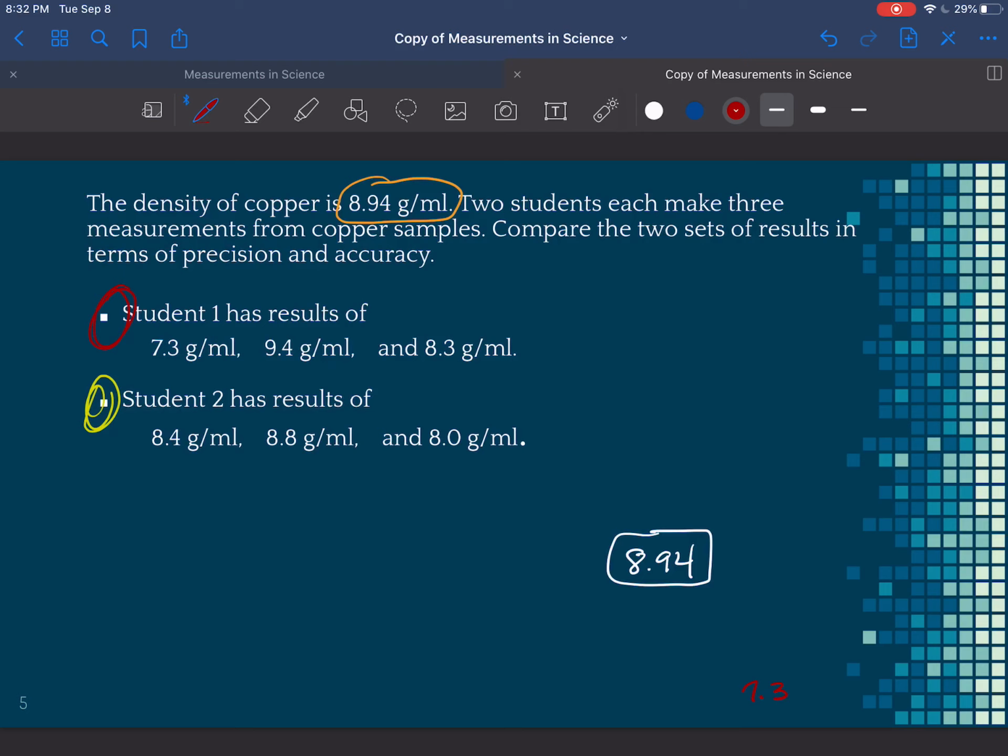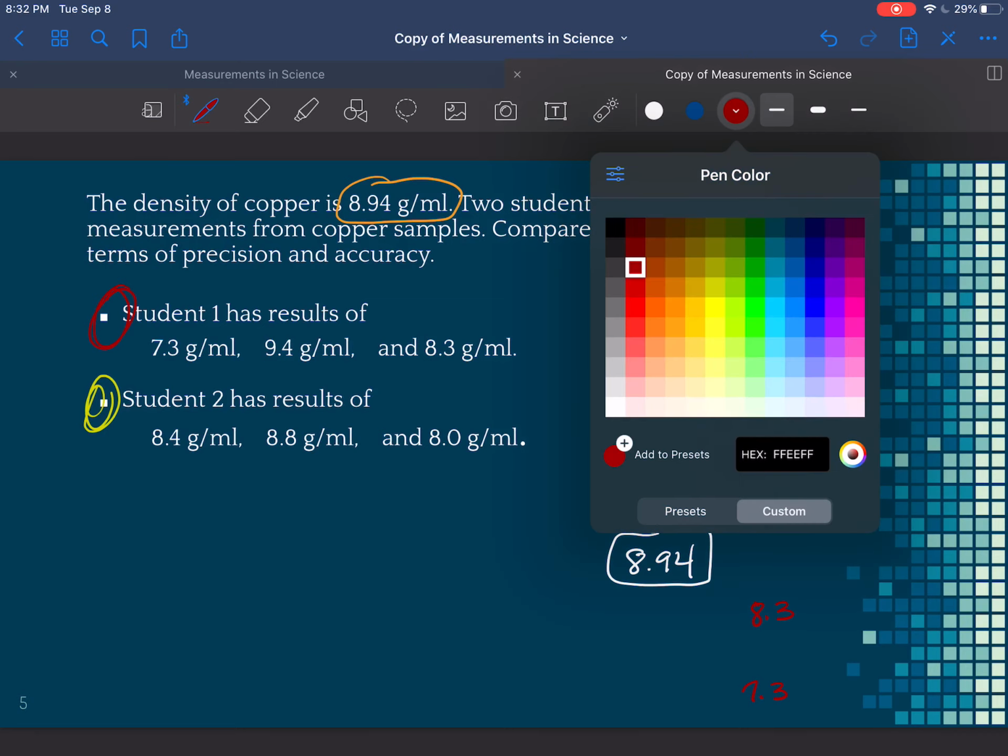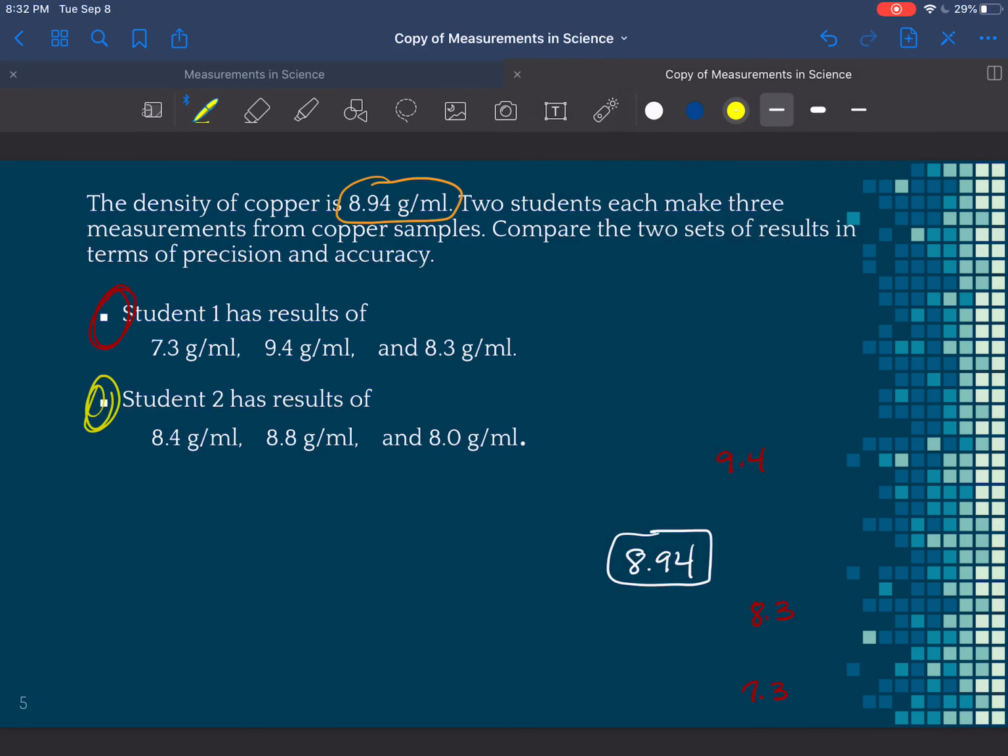They had a 9.4, which is probably somewhere up here, and they had an 8.3, which is probably somewhere in there. If we contrast that with student 2, they had an 8.4, they had an 8.8, getting even closer to the target, and they had an 8.0. And if we do something like this, then we're able to answer the question a little bit better.